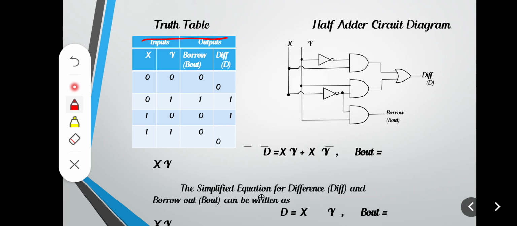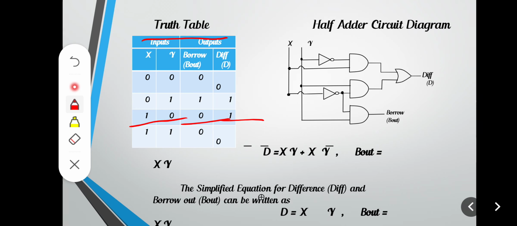Similarly, in the next case, when this x is equal to 0 and y is equal to 1, then 0 minus 1 is equal to 1, while the borrow will be 1. Likewise, in the third case, 1 minus 0 is equal to 1, that means the difference is 1 while the borrow is 0.